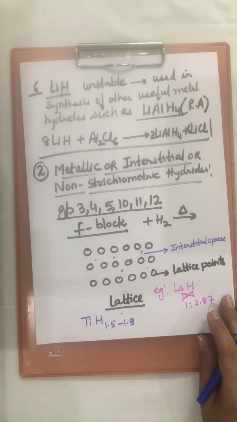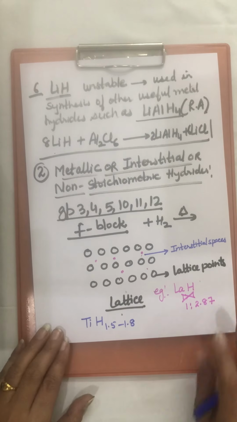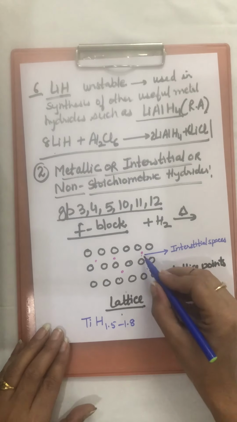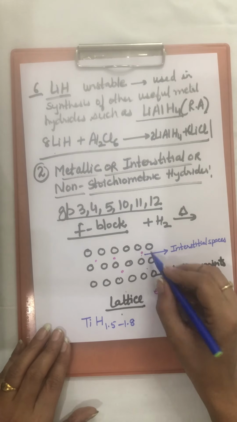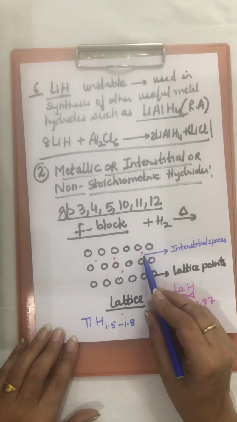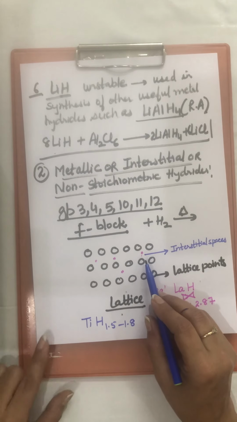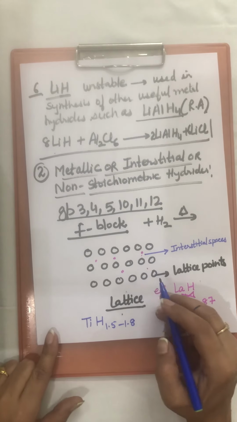Okay. Earlier it was thought that in these hydrides, hydrogen atoms, being small in size compared to these metal atoms, come into some of these interstitial sites. That is why this is called the interstitial hydride.